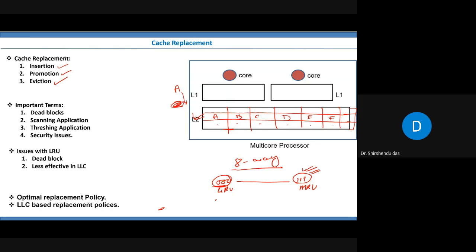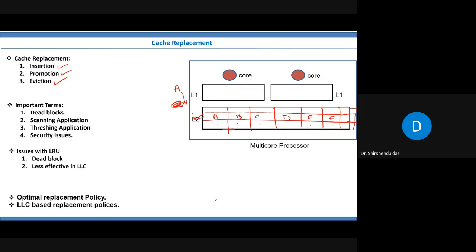We are using 3 bits, and after a few lectures you will find that even 3 bits may be more if your cache is larger. I'm spending time on this because some of you may think that moving LRU to MRU means moving the physical block from one position to another. No, that is not true. We just change the position logically.